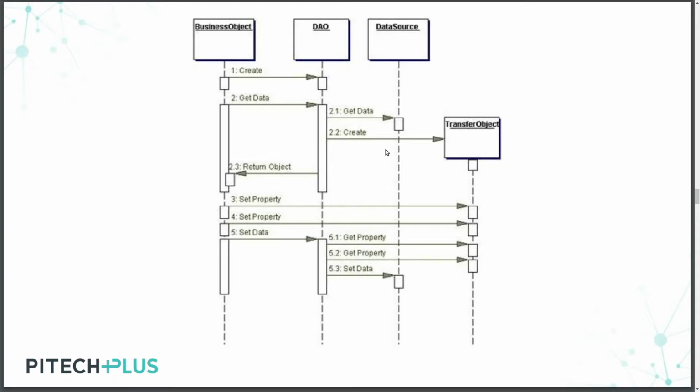We have the data source, which in our case can be the database or can be the web service, basically the endpoint that we have created on the server subdomain. And we have a transfer object, which for the web service is a JSON. We can obviously make it more abstract if we want to enter into type hinting, and we can convert.